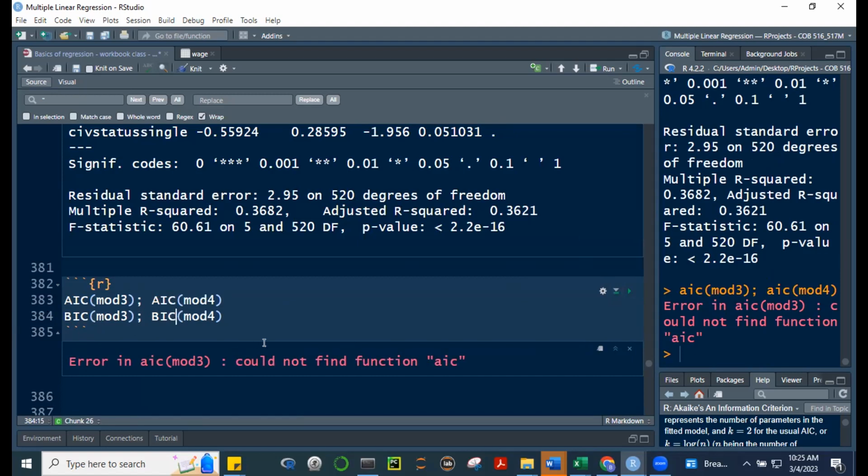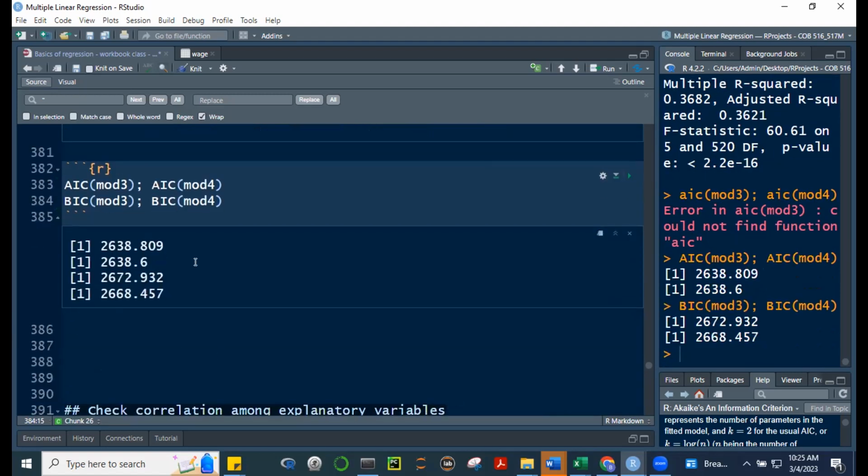BIC. All right, let's run this, and we can see here that 2638, 2638, almost close, no? Very close. And model 3 is better here. So dito yung unrestricted model mas maganda. 2638.80. Ito 2638. Wait. Sorry. My mistake. Model 4 is still better in terms of AIC.